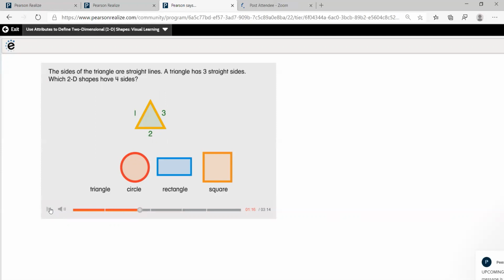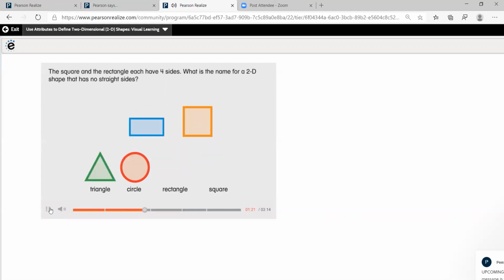Which 2D shapes have four sides? Can you find a 2D shape with four sides? The square in orange and the rectangle in blue each have four sides.